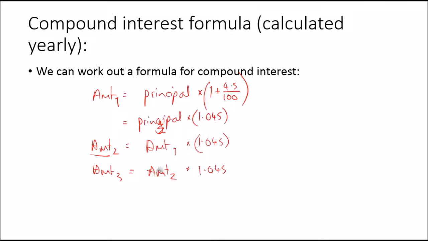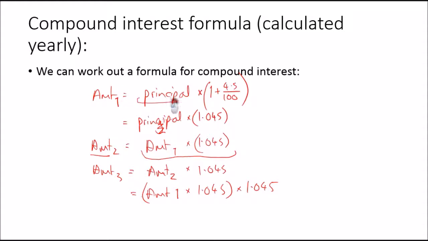So I'm going to replace this value here with this part of this equation. So amount 3 equals amount 1 times 1.045, and that's all times 1.045. Okay. Now amount 1 came from up here.